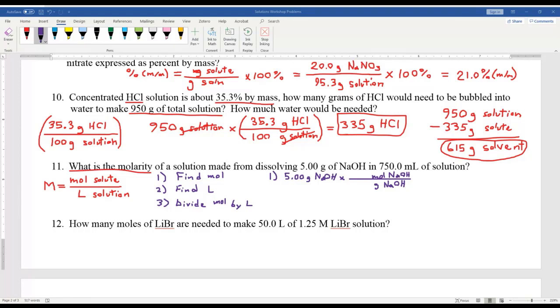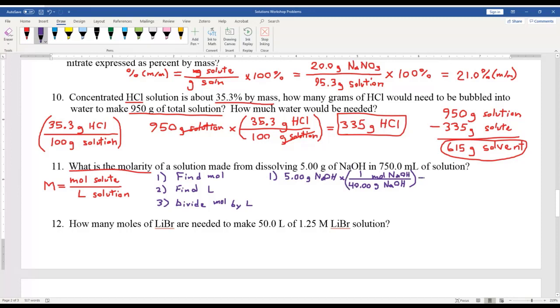No, I think that's carbon. 22.99 is the mass of sodium. So the total is 40.01, or honestly about 40.00, but yeah, 40. I mean, 40.01 is okay too. But basically, the molar mass of sodium hydroxide is right about 40, and that's really nice for us.